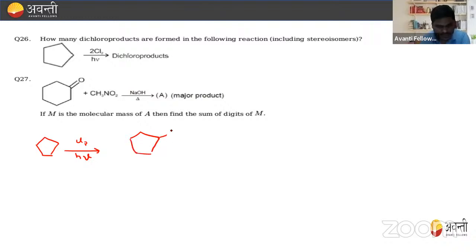Here one chloro. Again, there are also possibilities like dichloro products. So this is one possibility. This is another possibility. And another possibility is like here chlorine and here chlorine.